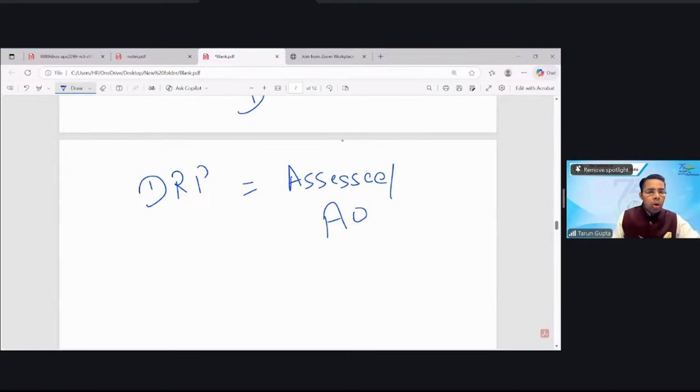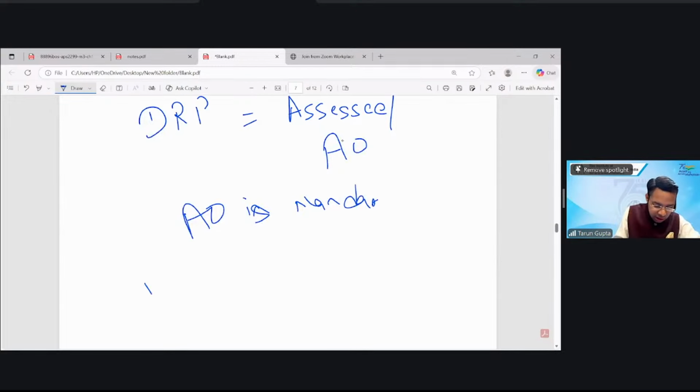We discussed the principle of natural justice: no party can be punished unheard. Okay? So once the DRP issues the directions, the AO is mandatorily required to pass a final assessment order in conformity with the directions of the DRP.